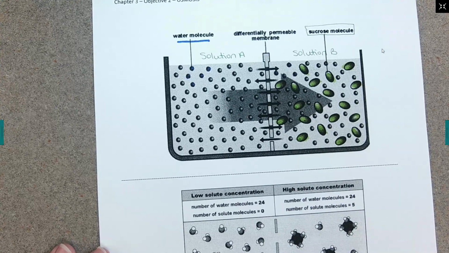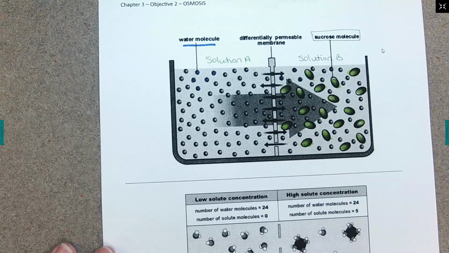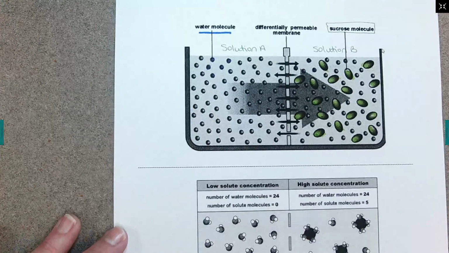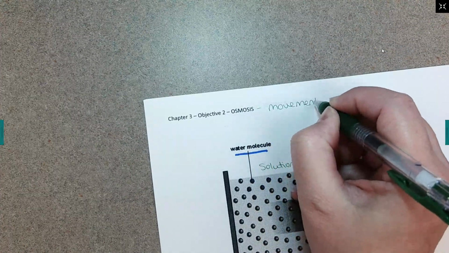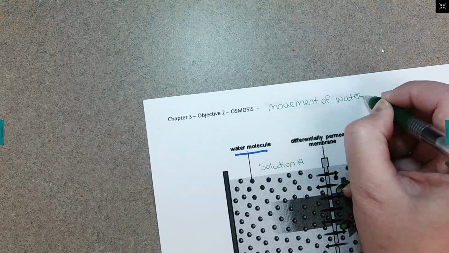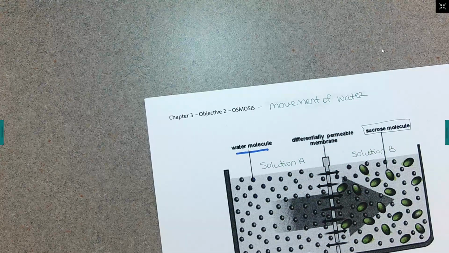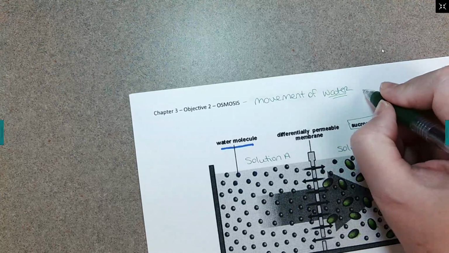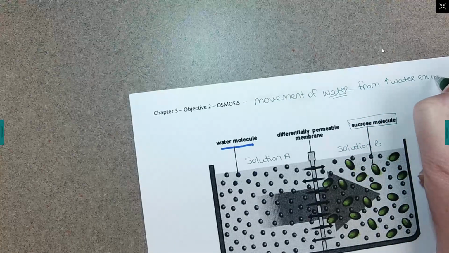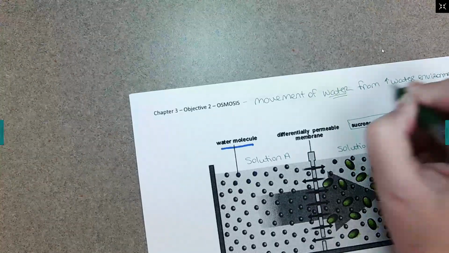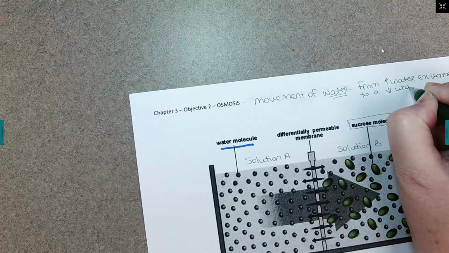So what's going to happen instead is we have osmosis that's going to occur, which is specifically the movement of water. So where diffusion is really talking about any substance moving from an area of high to low concentration, when we're using the word osmosis, we're specifically talking about water that is moving from a high water environment to a low water environment.